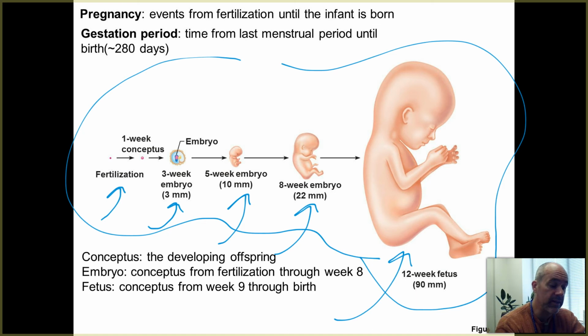Another term, the conceptus, is another term for the developing offspring. An embryo is the conceptus from fertilization through week 8. And then the fetus is what the conceptus is called from week 9 through birth.